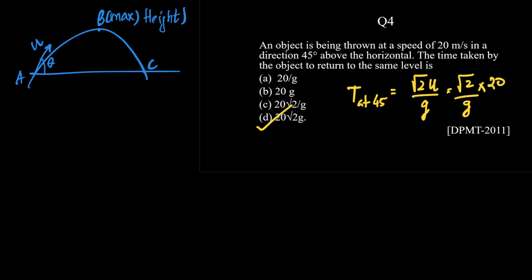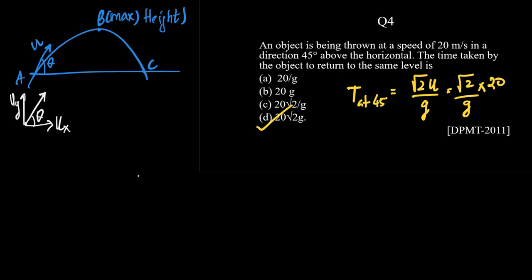Now, we know that when a body is projected with velocity u at an angle theta, it will have two components. One will be ux and the other will be uy.